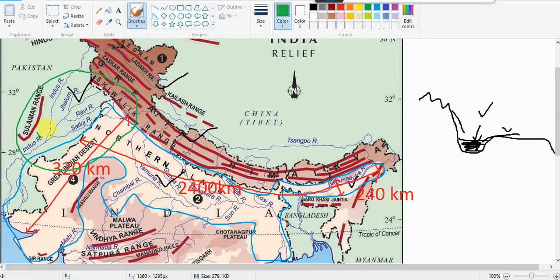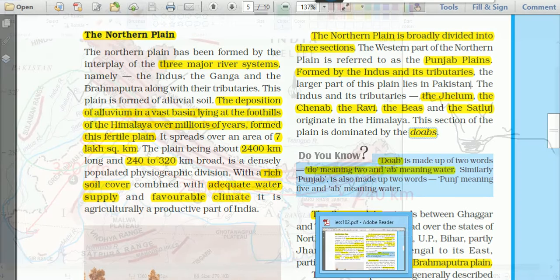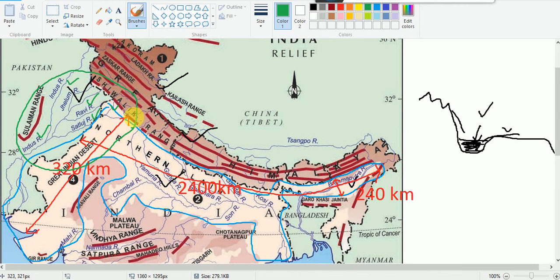See here we have Indus River and its tributaries like the Jhelum, then Ravi, Satluj, Beas, and these five tributaries mentioned here form this Punjab Plain.